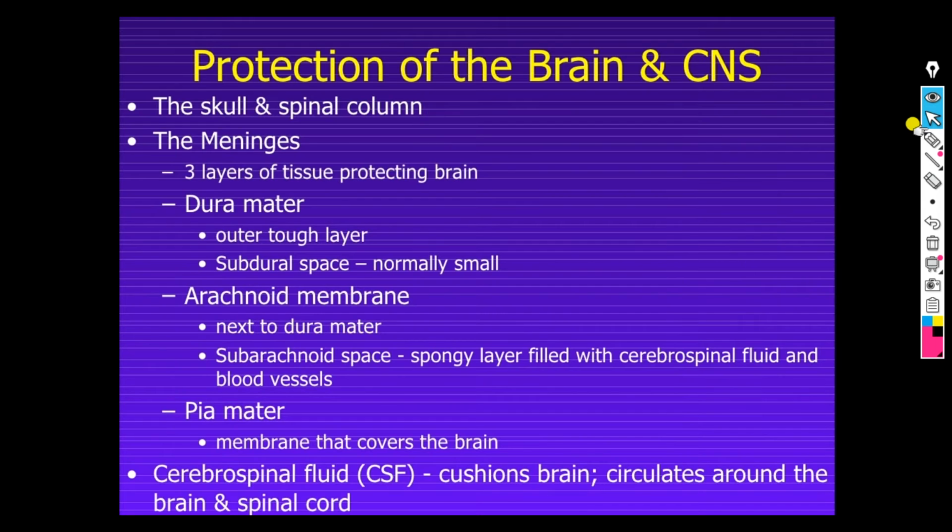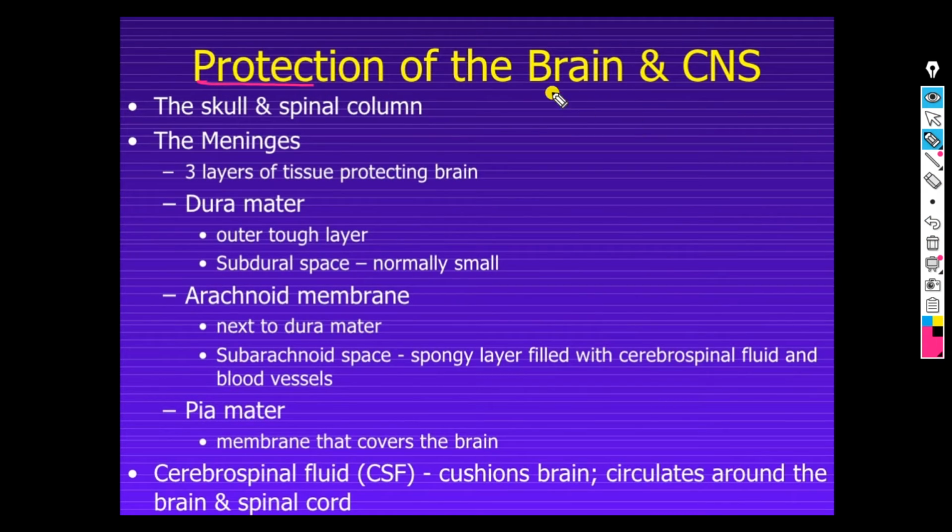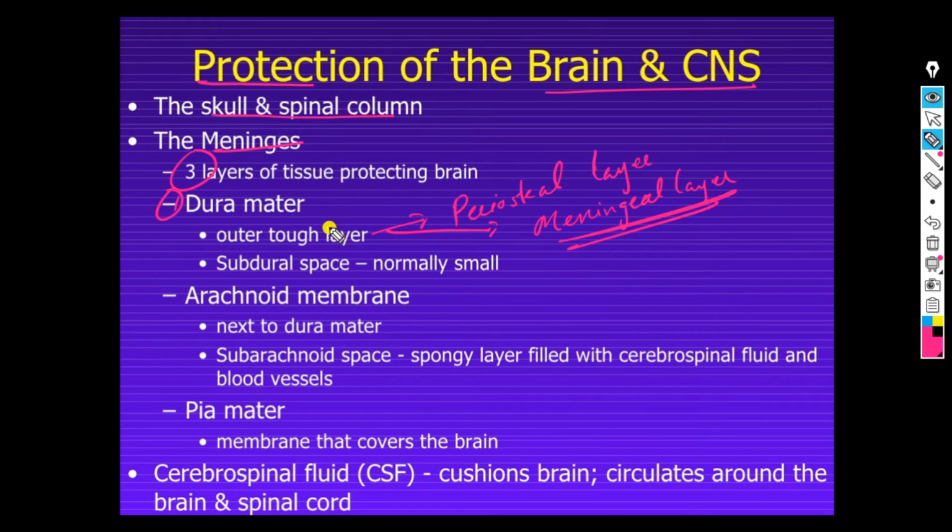The protection of the brain and the central nervous system: the skull, the spinal column, and the meninges. The meninges have three layers of tissue protecting the brain. The dura mater has two layers, the periosteal layer and the meningeal layer, and it is the outer tough layer. The subdural space is between the meningeal layer and the arachnoid, and next to the dura mater is the arachnoid membrane.